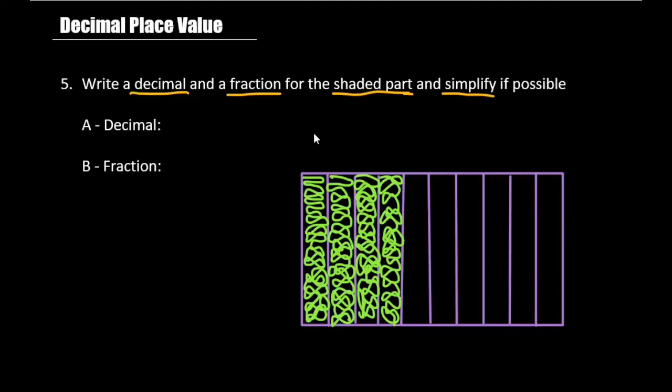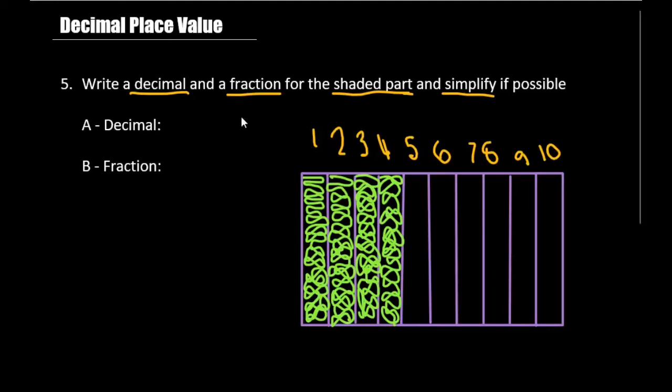So we're going to count them. 1, 2, 3, 4, 5, 6, 7, 8, 9, 10. Now we're going to count the parts that are shaded.